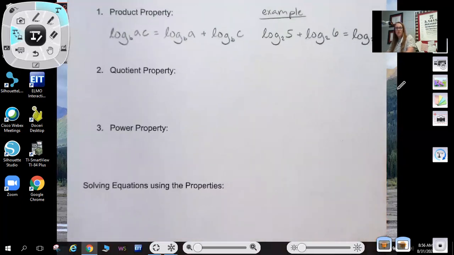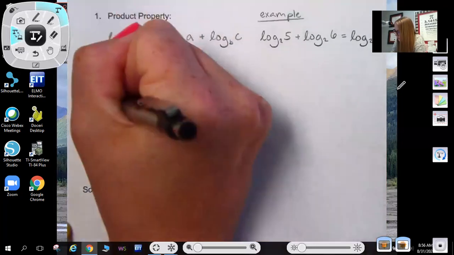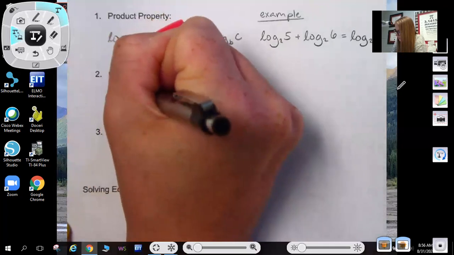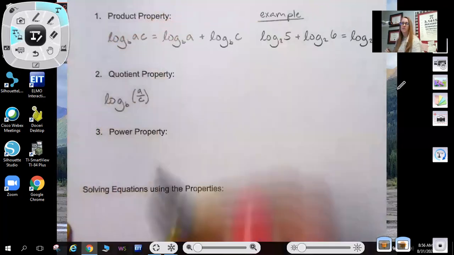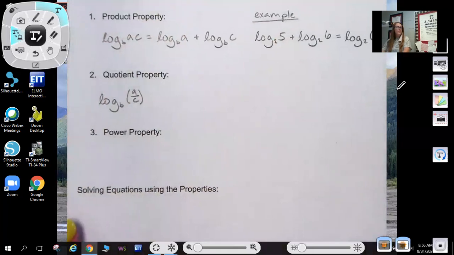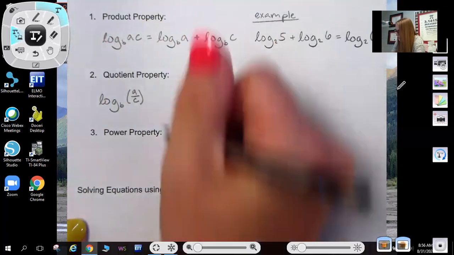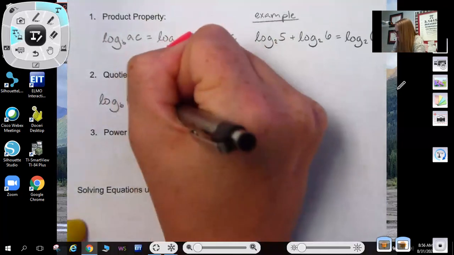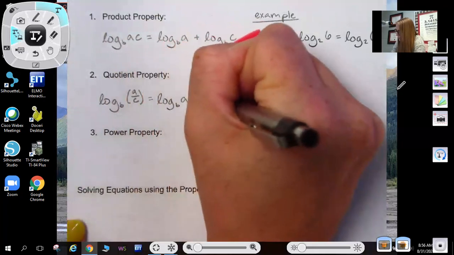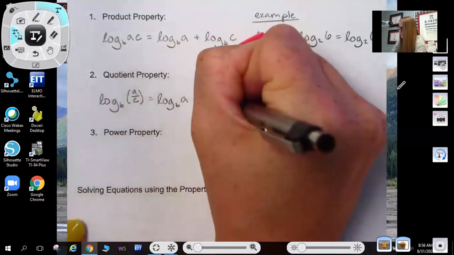Okay, quotient property. Log base b of a divided by c. This property says you can write this as log base b of a minus log base b of c.